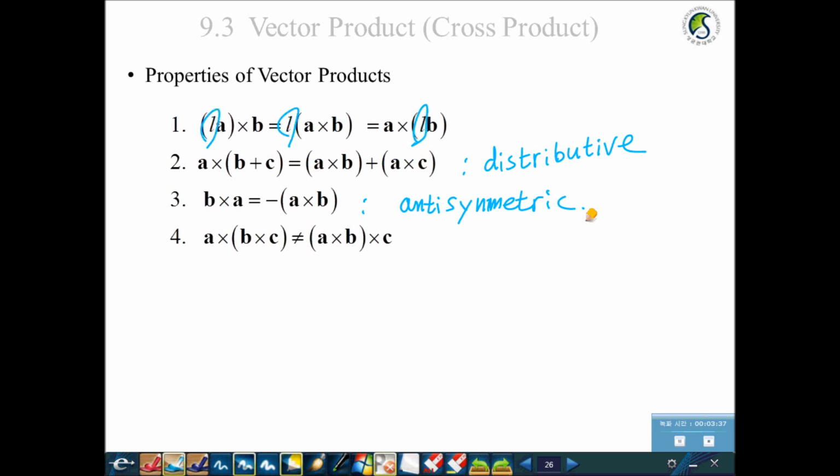Anti means its counterpart. If you switch the position of the vectors in the cross product, that introduces a minus. That's the counterpart of switching the position of vectors. And the fourth one, that's definite, right? Because of the determinant calculation, you cannot associate like that, right? So it is not associative.